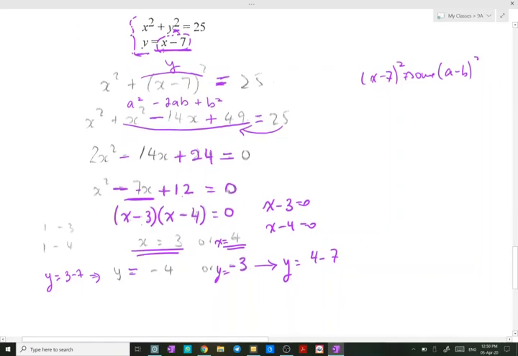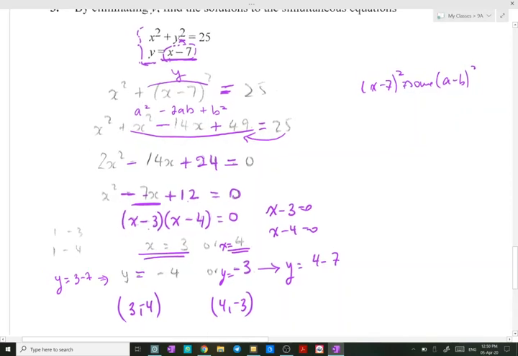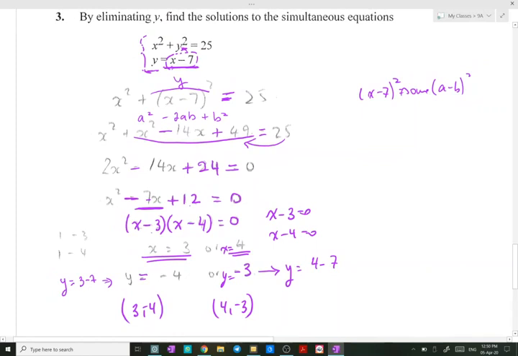So the coordinates that satisfy both equations are (3, minus 4) and (4, minus 3).